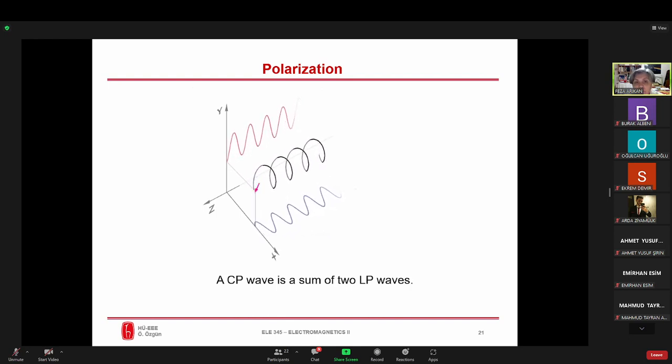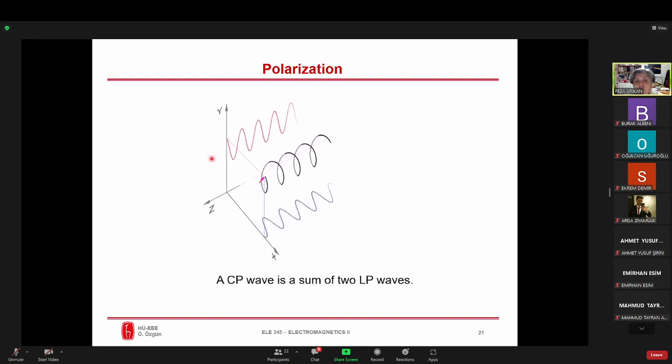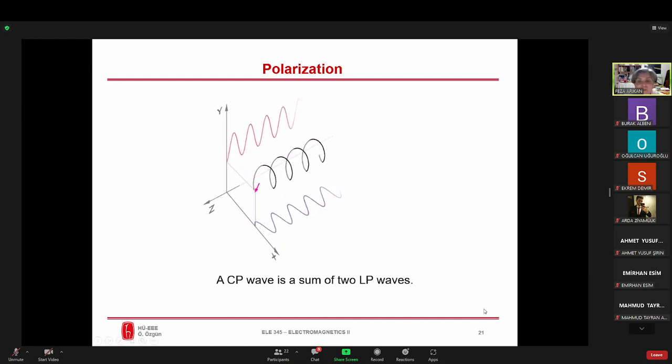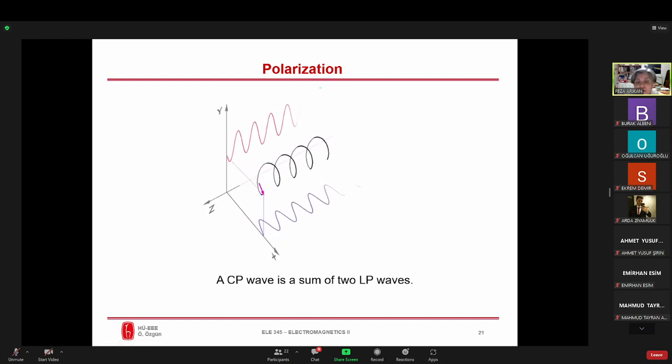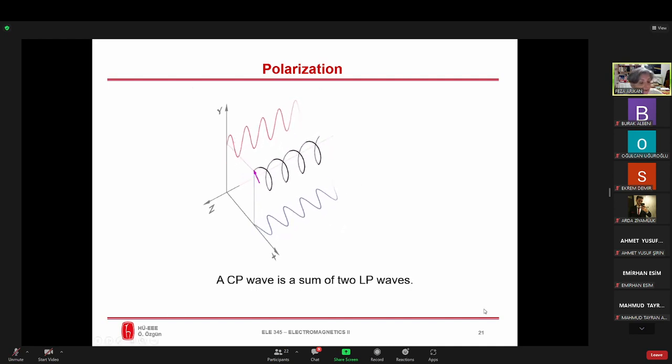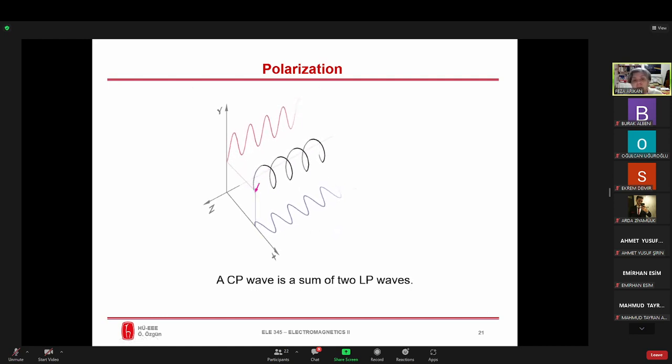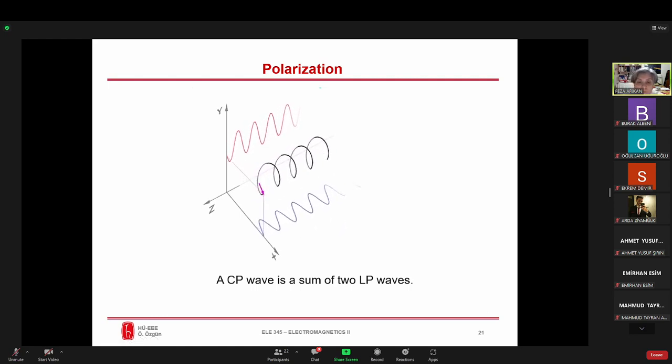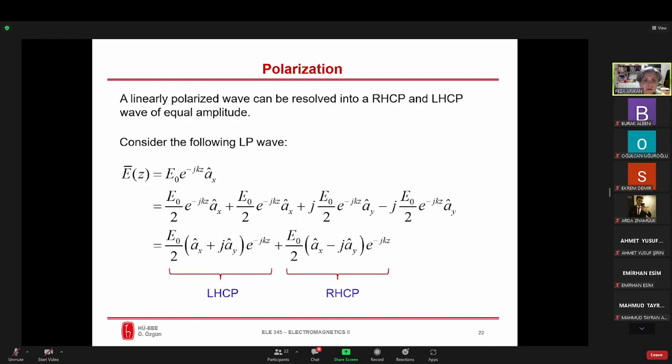This is a very important application, as you see, at any given time. So even though you have a circularly polarized wave transmitted from your broadcast station or from a satellite antenna, you can receive it with a horizontally oriented or a vertically oriented antenna. At any given time, you can have a field on those components, which makes it easier for us. So the way that we're going to decompose it is in this way.